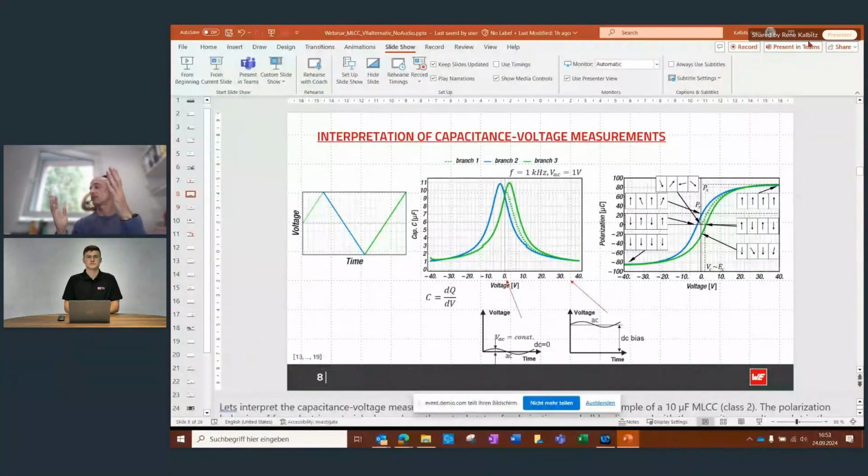Maybe just another interesting fact to know is, people try to build non-volatile memory devices based on an insulator made of barium titanate. So they build metal insulator semiconductor structures that can be utilized as a memory device.